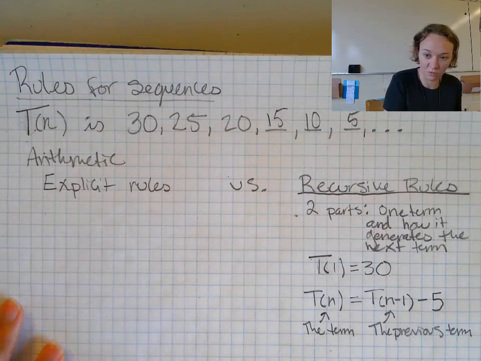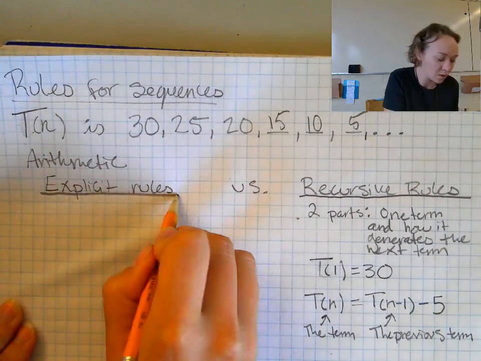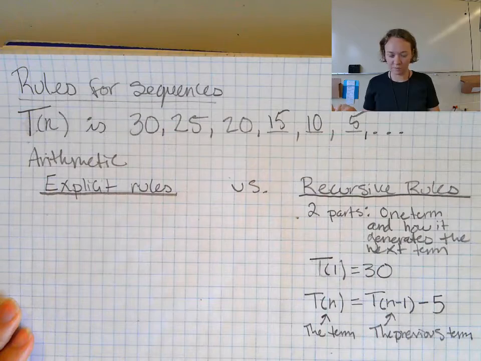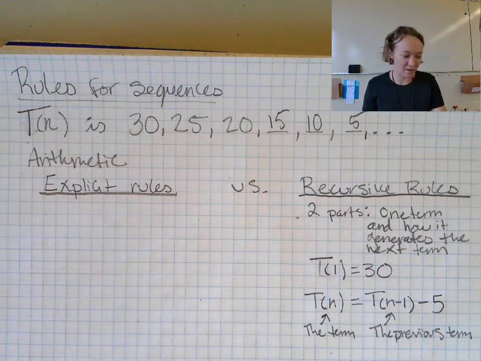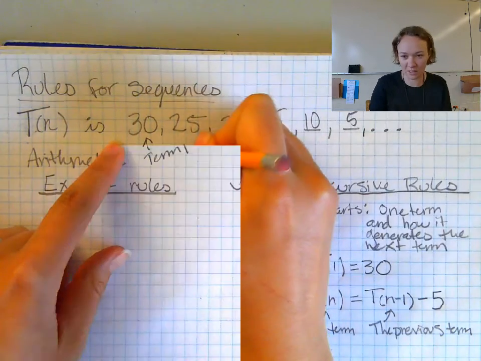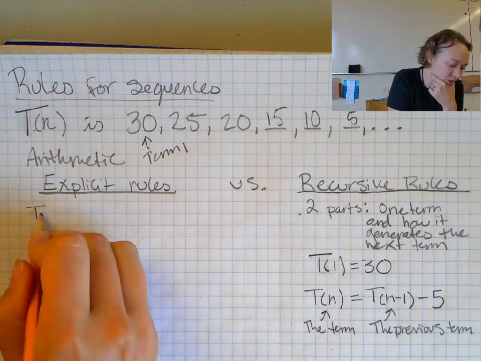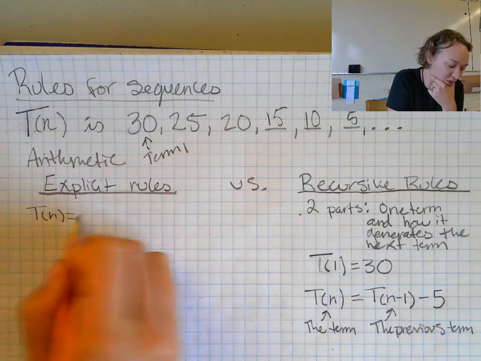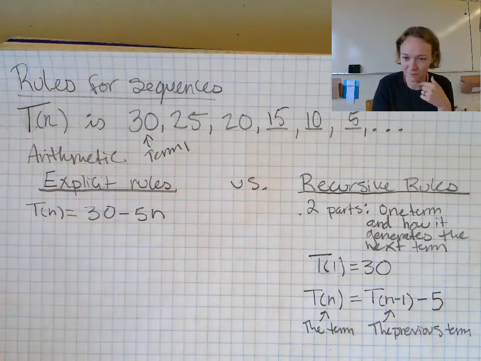All right, and so for explicit rules, these ones are more like what we're used to. The key difference here is to remember that this starts at term 1. It doesn't start at term 0. And so it might be tempting to say that t of n equals 30 minus 5n, right?